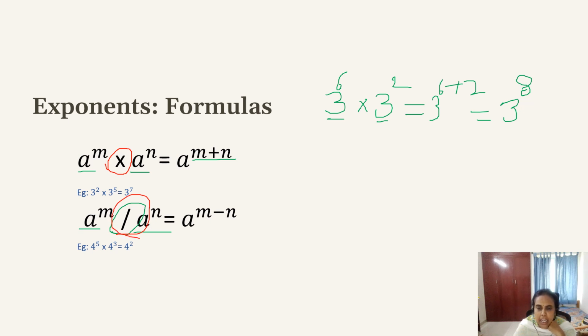For example, take the same problem: 3 to the power of 6 divided by 3 square. Now what will I get? The bases are equal and the division symbol is there, so I have to subtract the powers. That means 3 to the power of 6 minus 2, that is 3 to the power of 4.